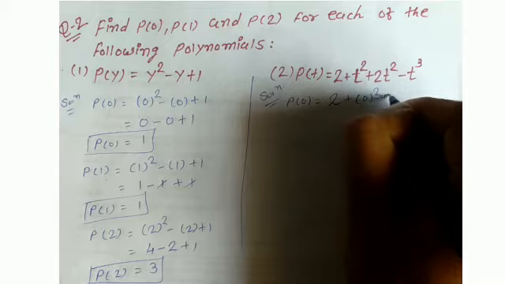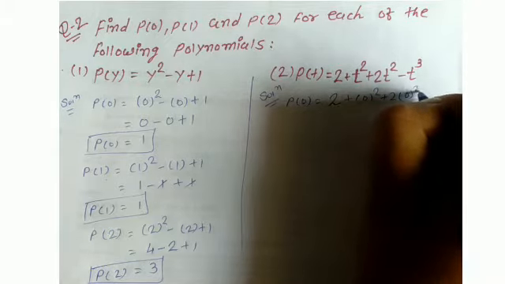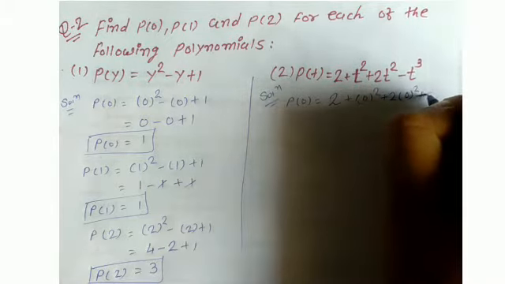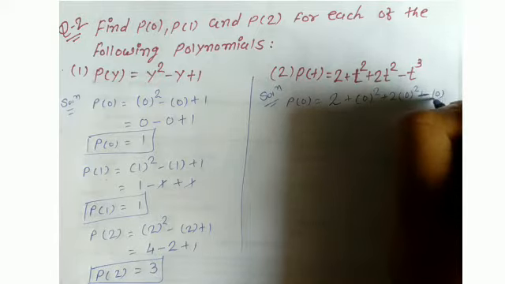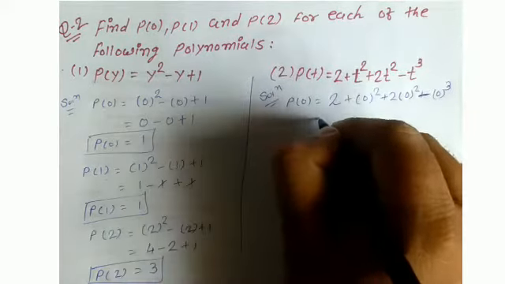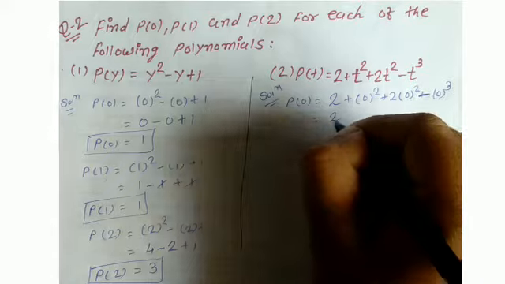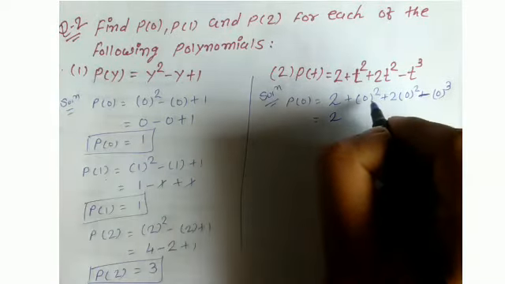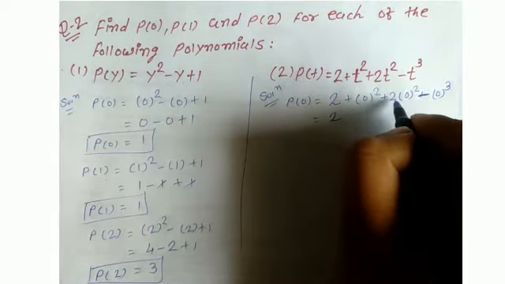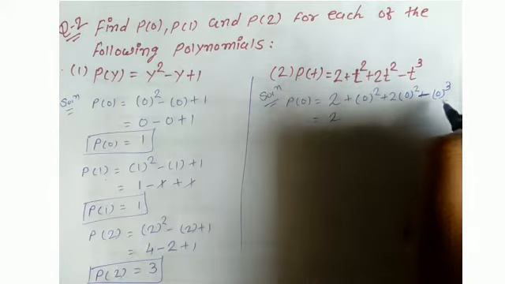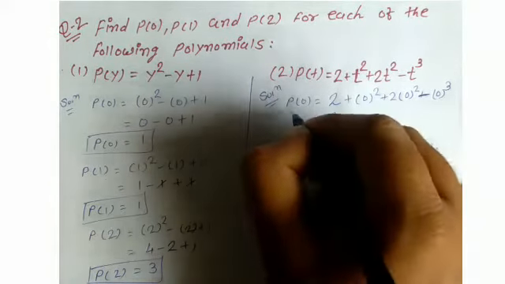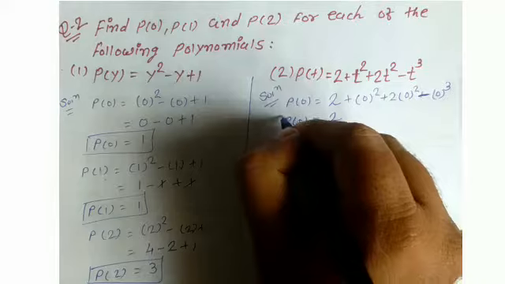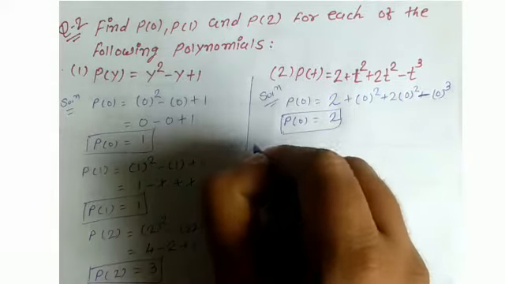So 0 square plus 2 into 0 square minus 0 cube. So our answer is 2, because 0 square is 0, 2 into 0 is always 0, and 0 cube is also 0. So p of 0 is equal to 2.